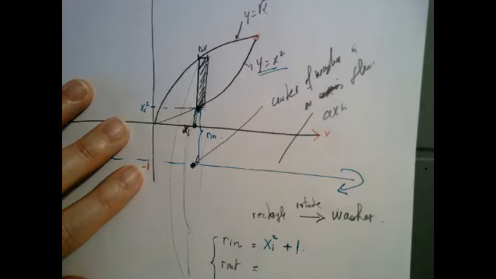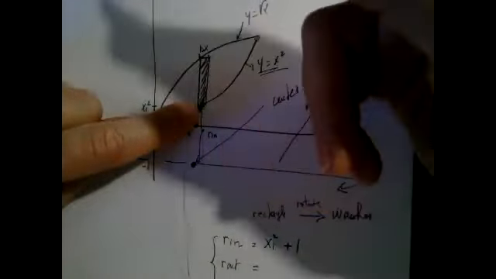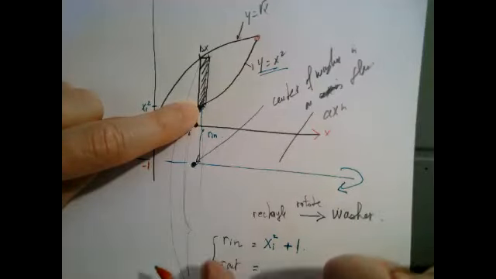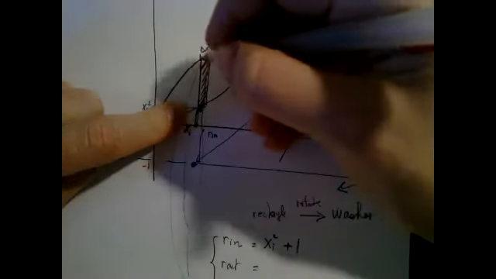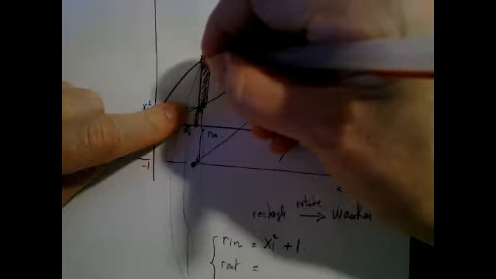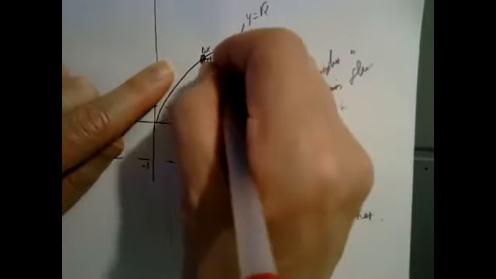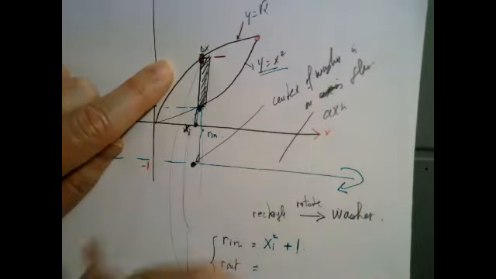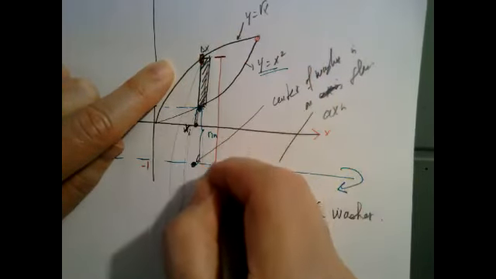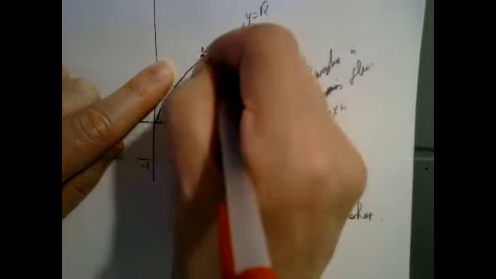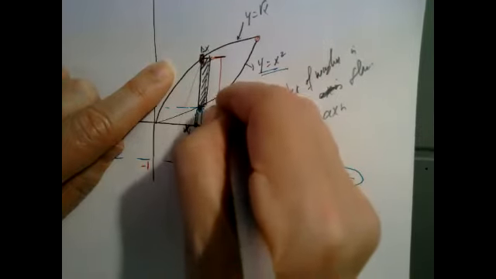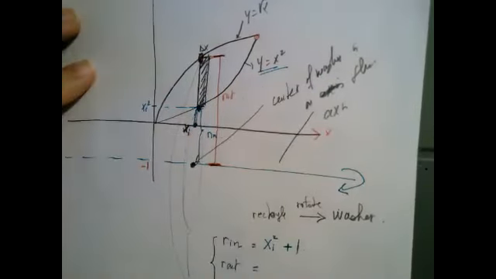Look at the picture. So this is the whole thing. Imagine in your head you're taking this and you are rotating. Think about this point here. It's from here all the way down to the line y equals 1. This is the outer radius.